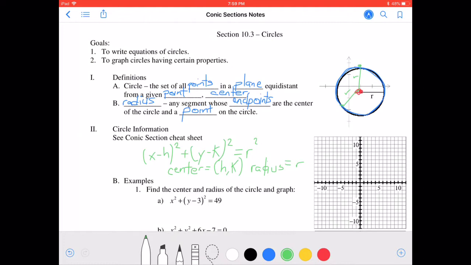So we're going to use all that information to actually start graphing some of our circles.